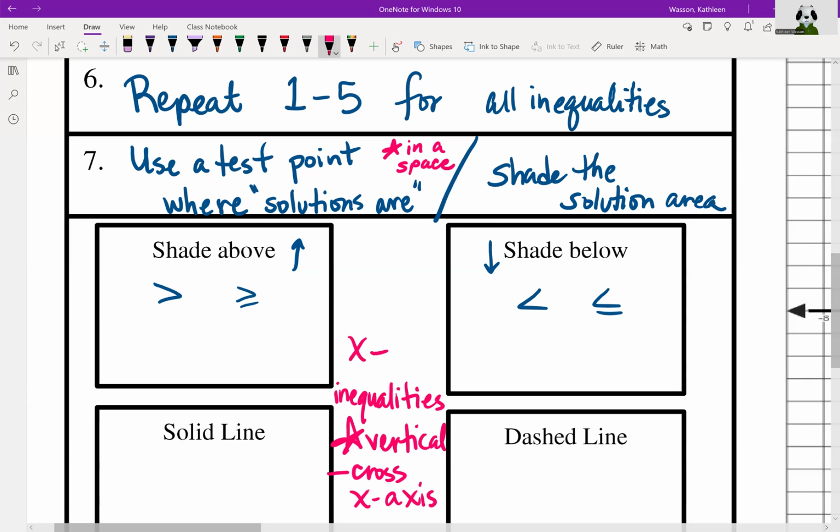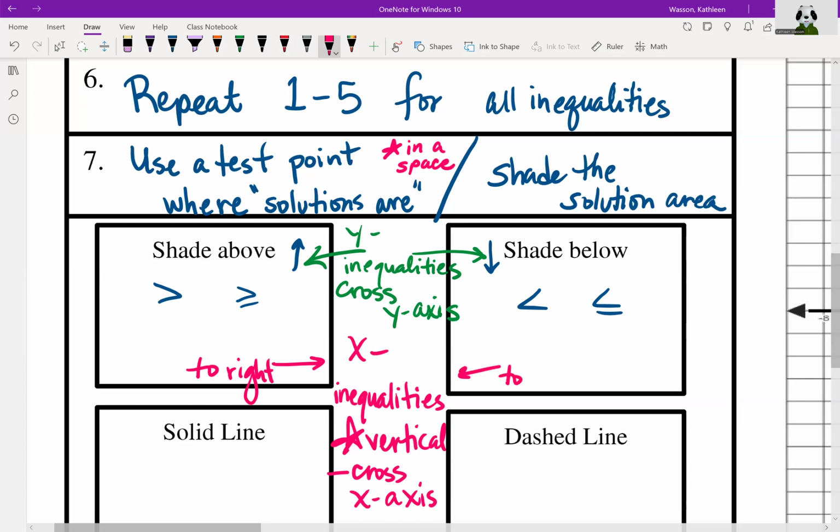Y inequalities cross the y-axis. So if you have x inequalities, then you'll have a vertical line. Greater than is to the right. And less than would be to the left, because smaller x's are to the left and bigger x's are to the right.